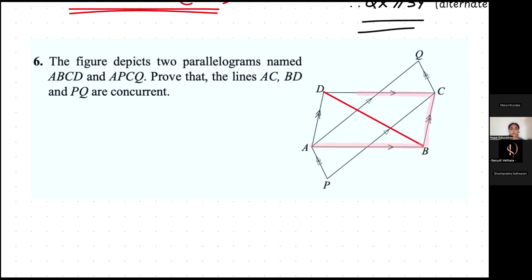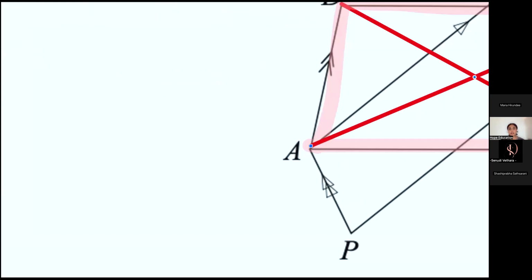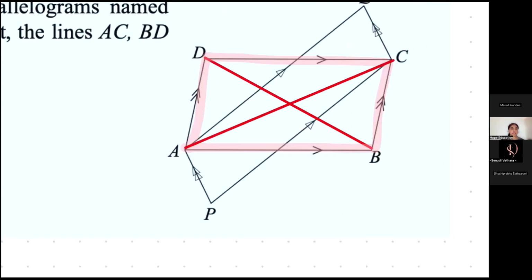If you look at ABCD, these are our diagonals, right? Yeah. These are our diagonals, and we know diagonals bisect each other.